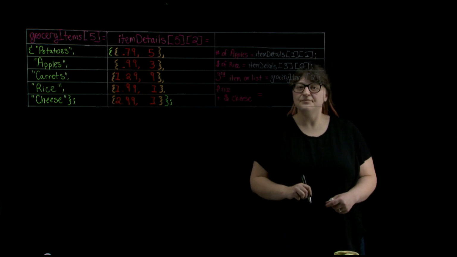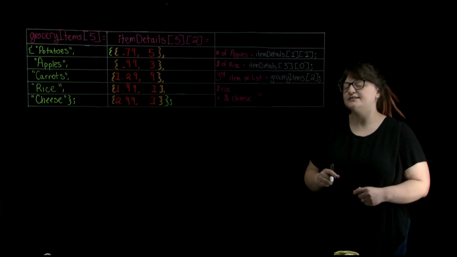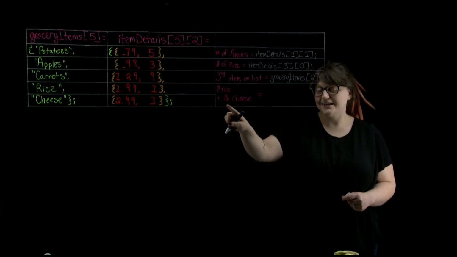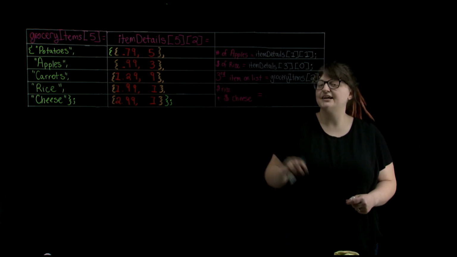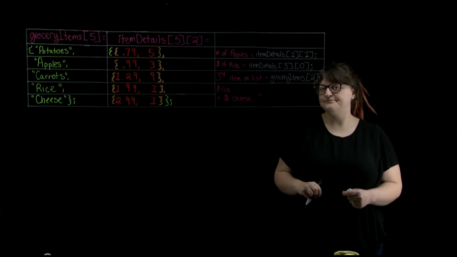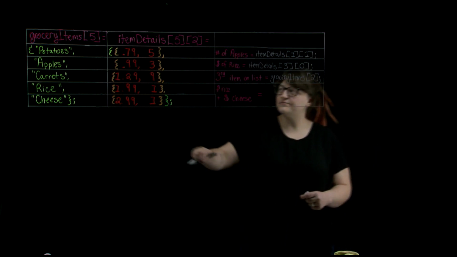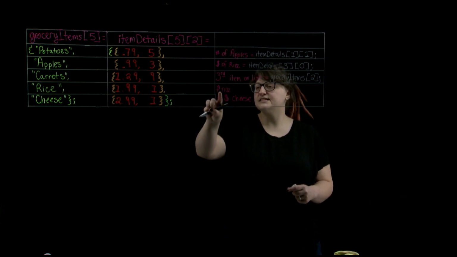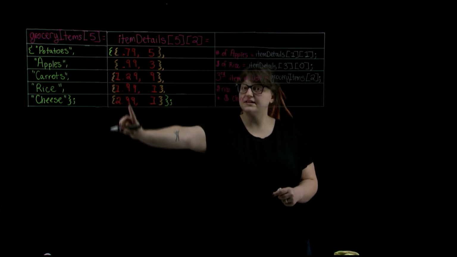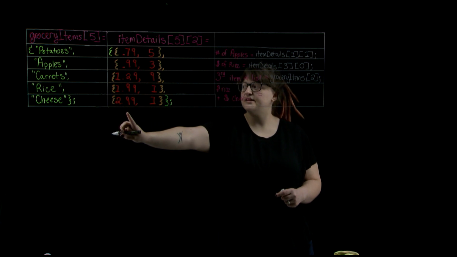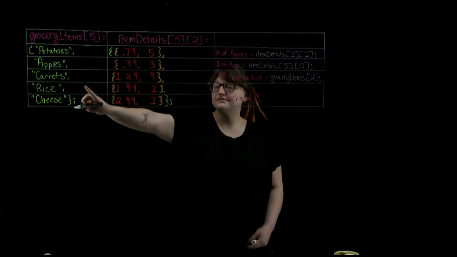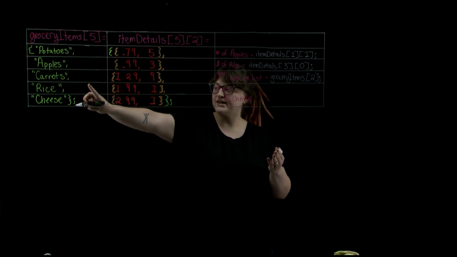Now finally, if we were to write out a statement that was going to call the price of rice and the price of cheese, how would we write that out? We know that they're both going to come from the same array here in item details, so let's get our index here. It's going to be column 0, so now we just need our rows. We've got rice, 4th item, but 3rd index, right?